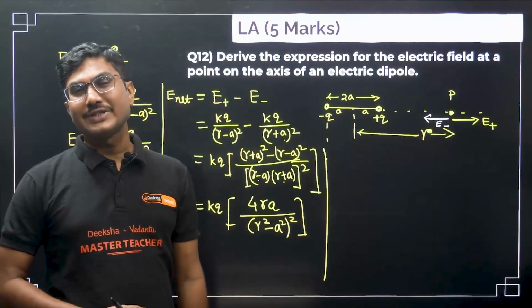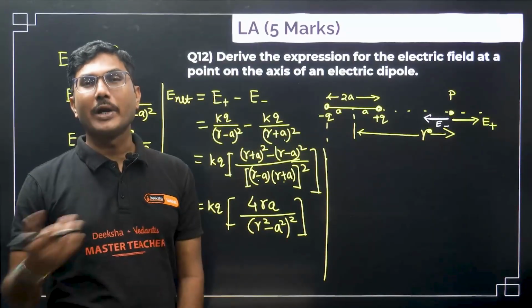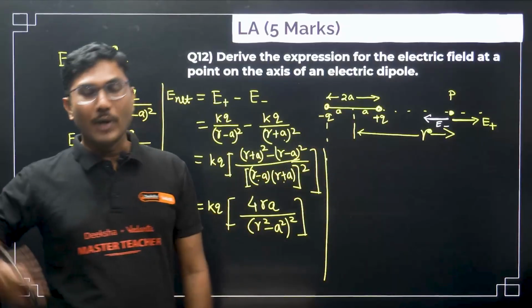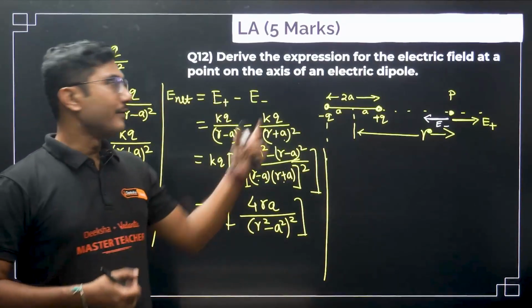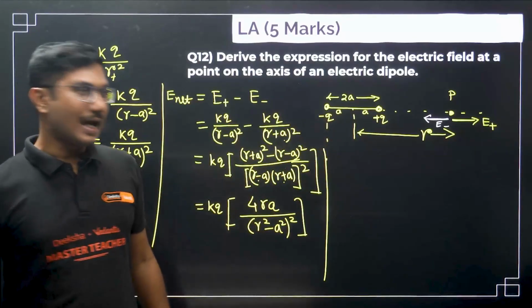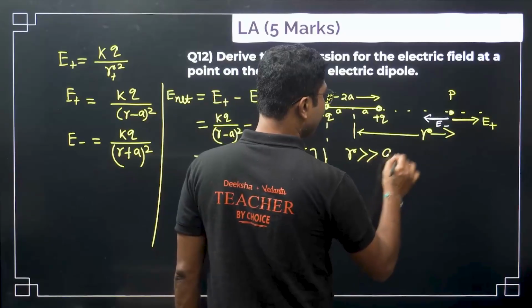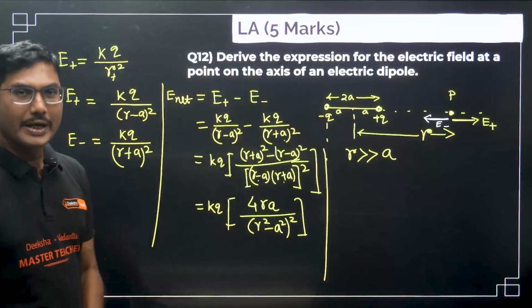If 2a is small, then a will be smaller. Suppose 2a is 2 micrometer, then a will be 1 micrometer. So if 2a is small, a will be much smaller compared to the distance R. So R is very, very greater than a. Why are we writing that?